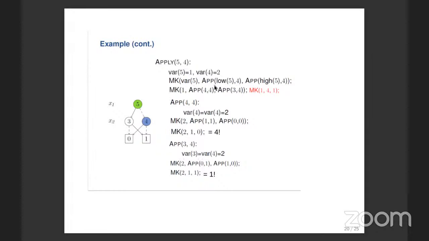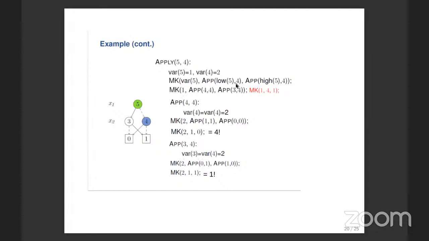That will happen only when you return from the recursive call. So now you recurse down to evaluate app of low 5, 4 and app of high 5, 4.